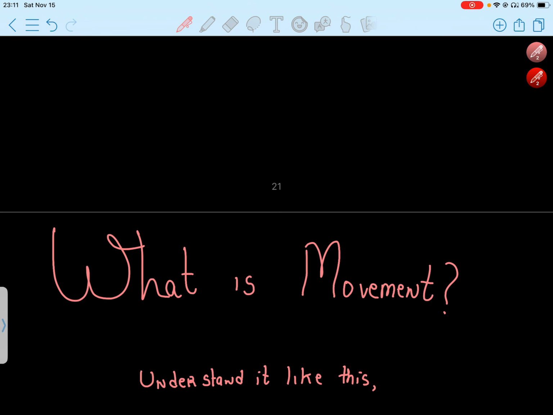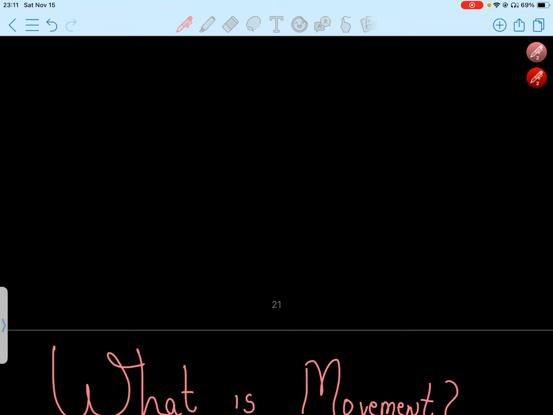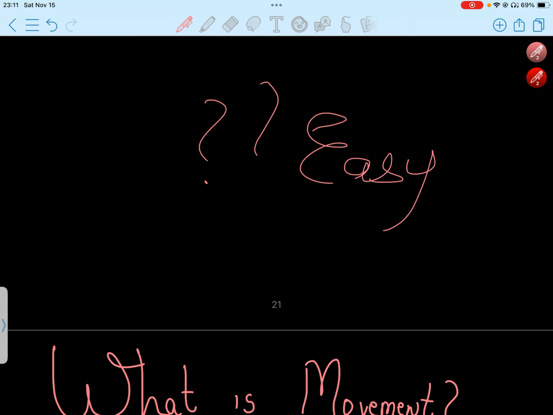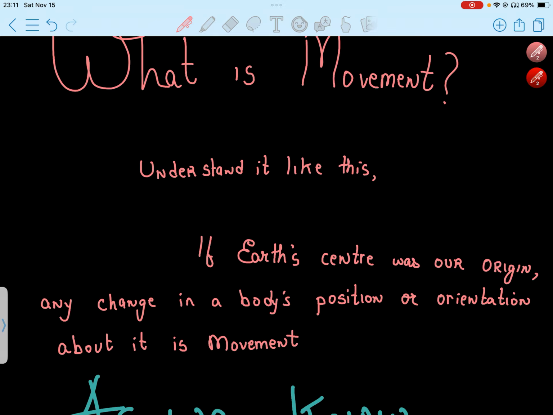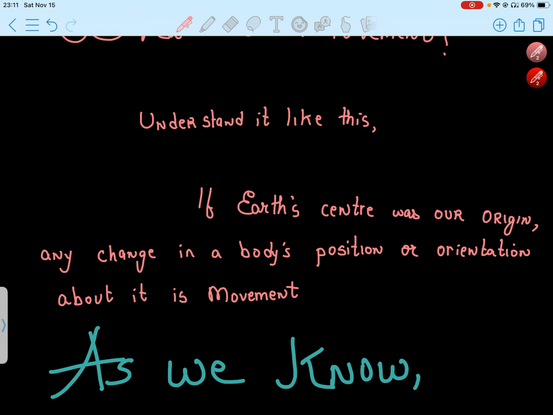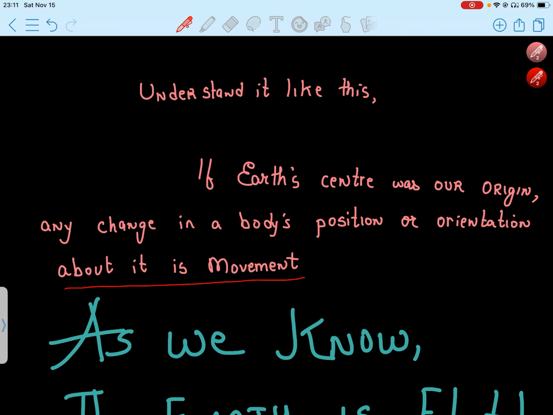Well, you might think that this is a really easy question to answer. But to define movement is really trivial. So I want you to understand it like this. If Earth's center was our origin, any change in a body's position or orientation about the origin is movement.